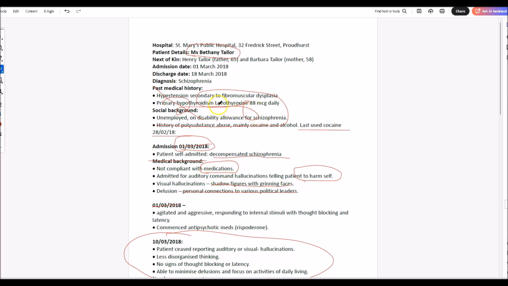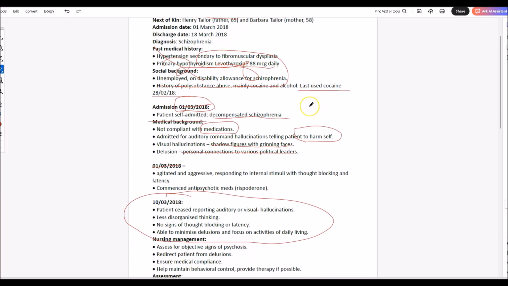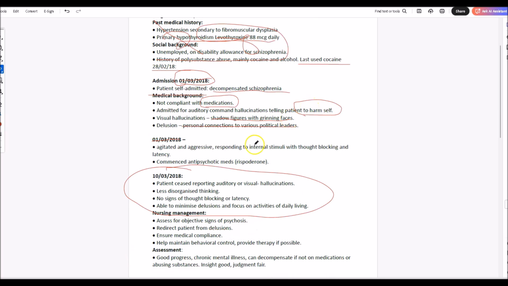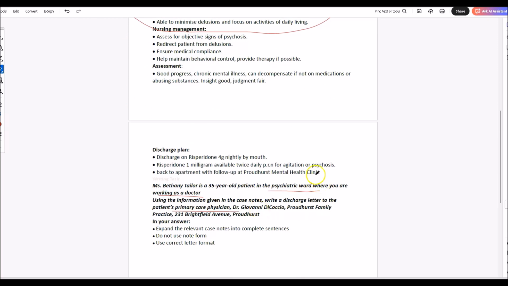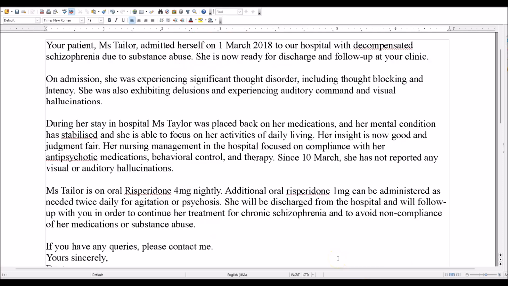Because we've got something here for hyperthyroidism, but that's not the same thing. So I don't know what the meds were. So she was commenced on risperidone when she came in, but I don't know if she was taking those before or what her previous meds were. So again, you can see why I'm not happy about using these random case notes.